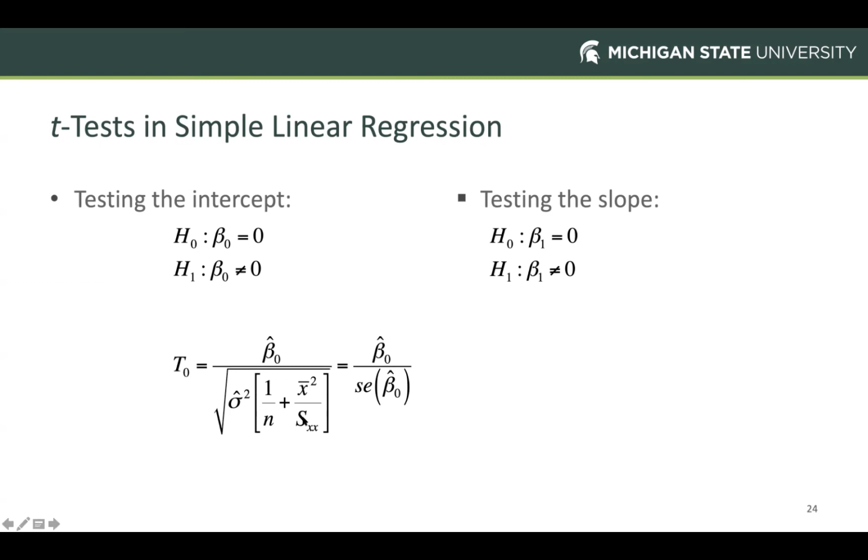As we've seen in any of our statistical tests up to this point, we're generally looking at some parameter of interest divided by its corresponding standard deviation, okay? In this case, we estimate our slope term as was shown previously. We divide by our estimate of sigma hat squared, which is our mean squared error term. And then the degree to which that varies is as indicated here. So we're multiplying that quantity times 1 over n plus x bar squared over Sxx, okay?